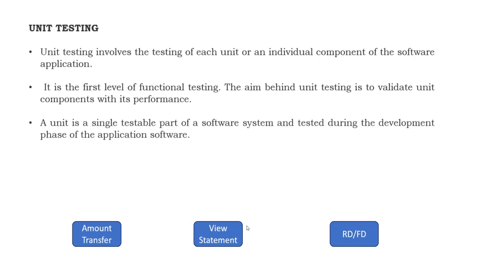A unit is a single testable part of a software system and is tested during the development phase of the application software. As I mentioned, developers will perform this unit testing, and you have to think in a way that first one module will be validated. For example, login is a different component.